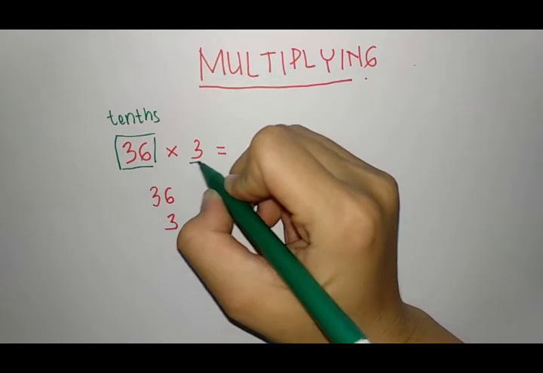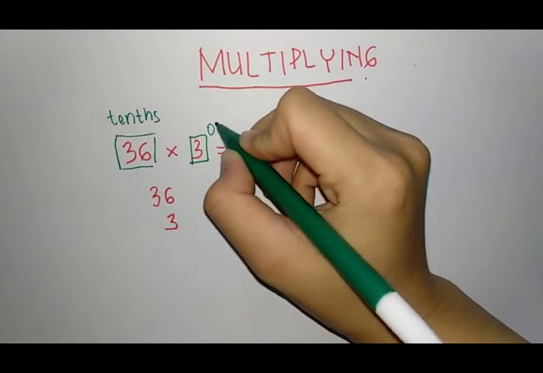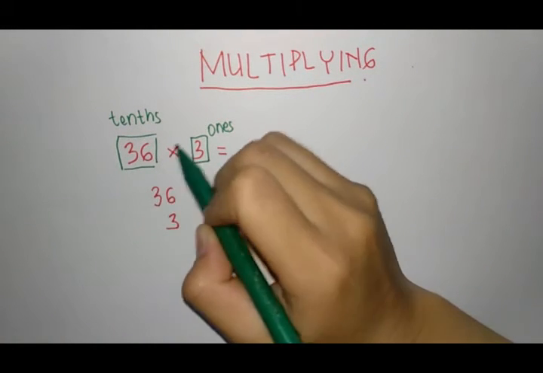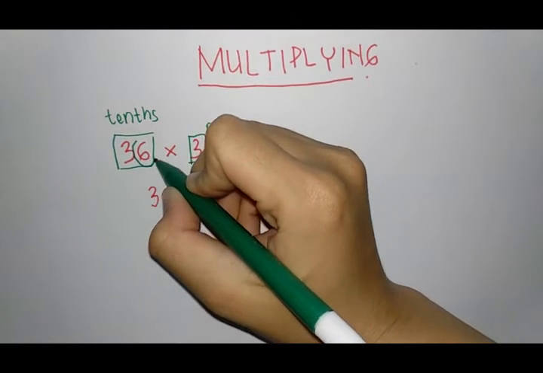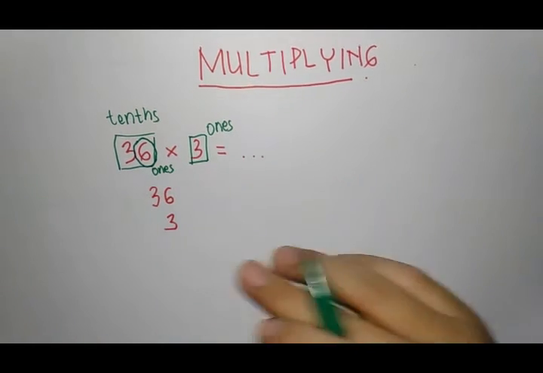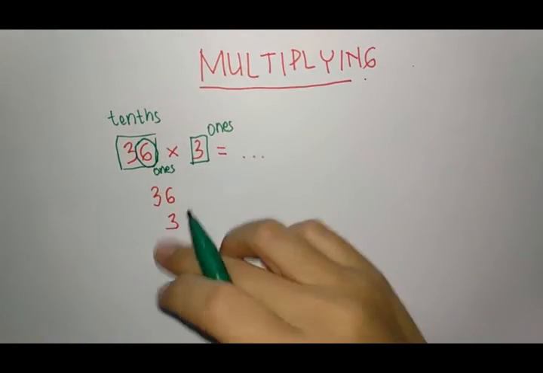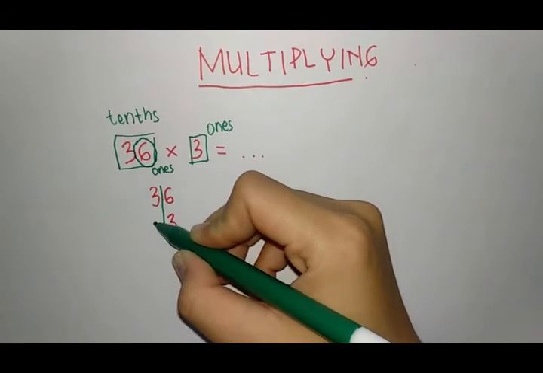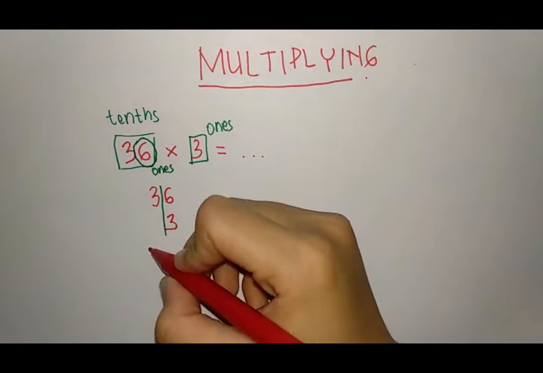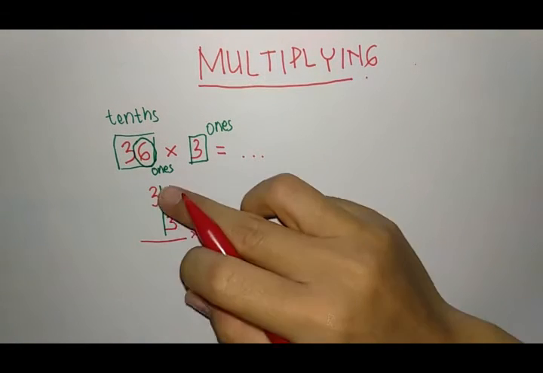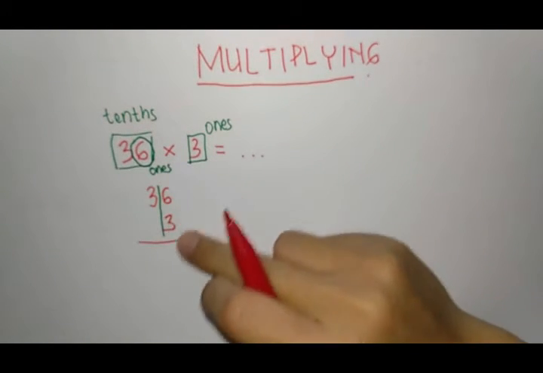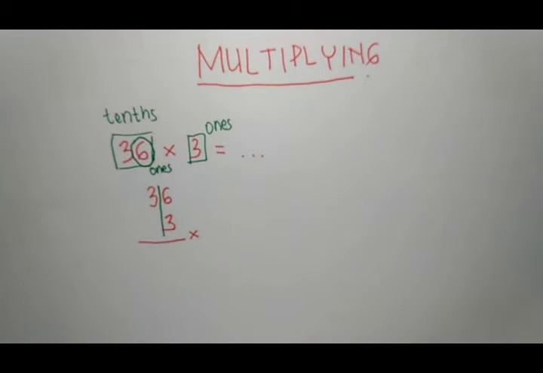Because 3 stands for ones, and from 36 the ones is 6. So we have to make a position for ones, and of course this is for tens. So we make a line. This is for ones and this is for tens. So you have to place 3 under the 6 because both of them are ones.